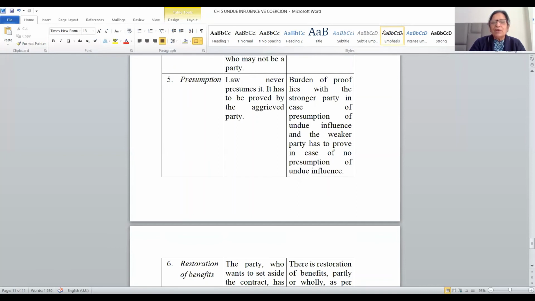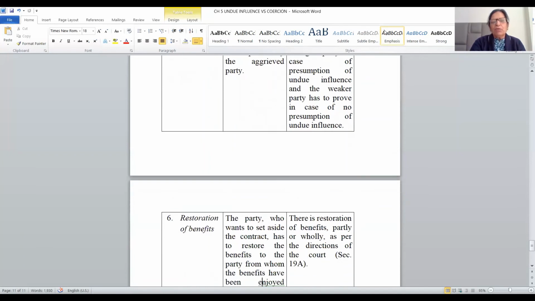It depends. Are we talking about presumption cases or no presumption cases? In presumption cases, the burden of proof lies with the weaker party. In case of undue influence, if there is no presumption case, then the burden of proof will lie with the stronger party.